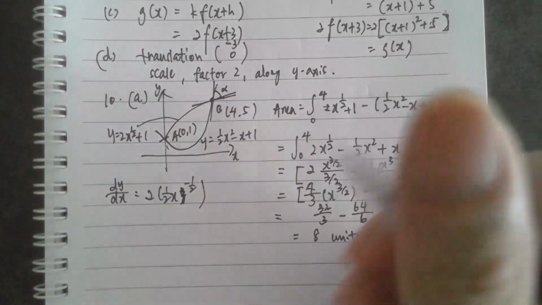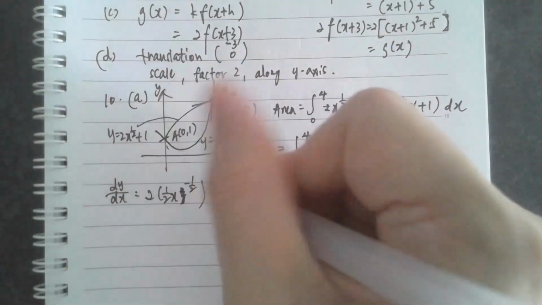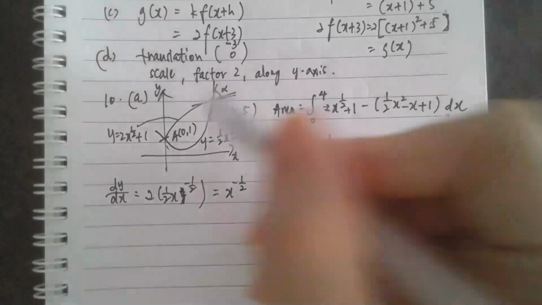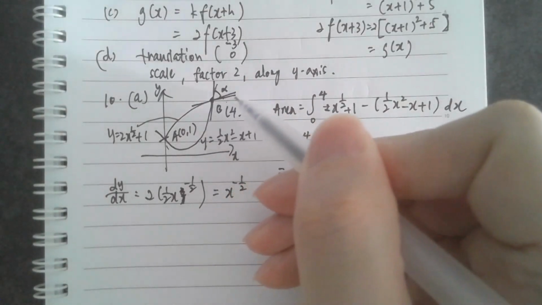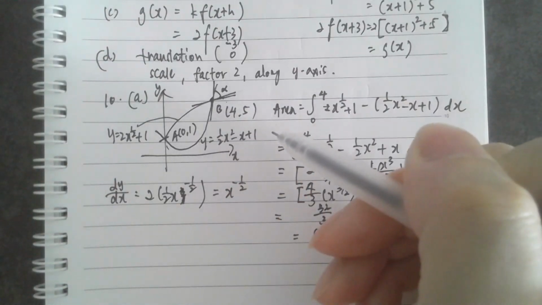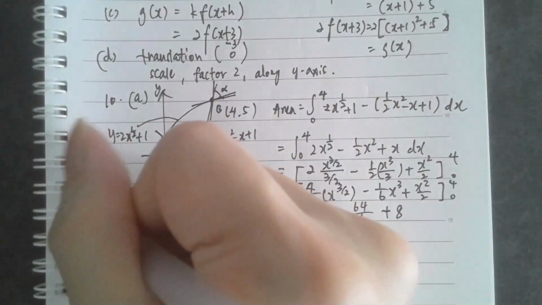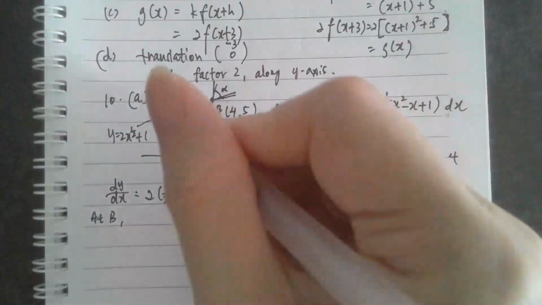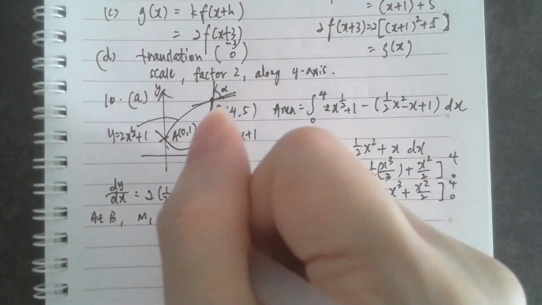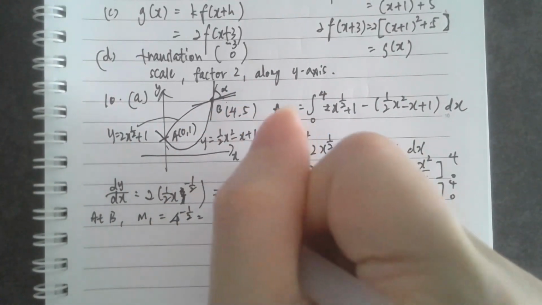And one's gone, and this gives us x to the power of negative half. So we can find the gradient of the tangent along this curve at this point B. So at B, let's call this gradient m1, which is 4 to the power of negative half, which is 1 half.